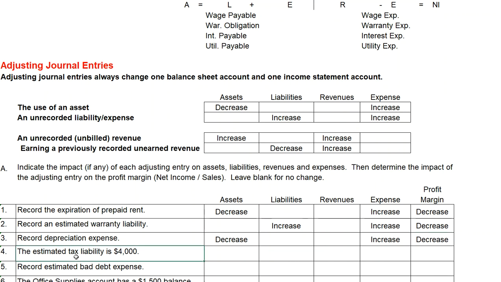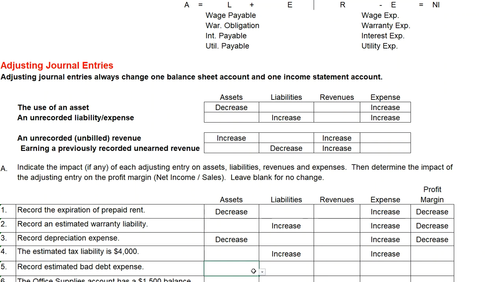Estimated tax liability, $4,000. Typically, we're not paying our taxes until after the end of the year, but the tax payment we make on April 15th relates to the prior year. So at year end, we need to record an estimated liability and record an expense. Record estimated bad debt expense.